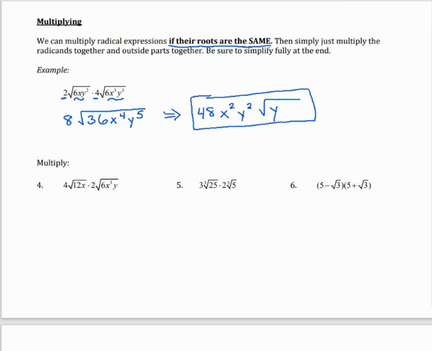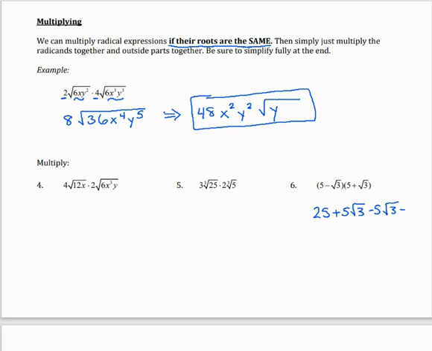So same rules apply. 5 times 5 would be 25. Then we'll do 5 times root 3. 5 is on the outside, root 3 is a radical, so that would just be positive 5 root 3. Next, we would have negative 5 root 3. And then last, negative times a positive is negative.